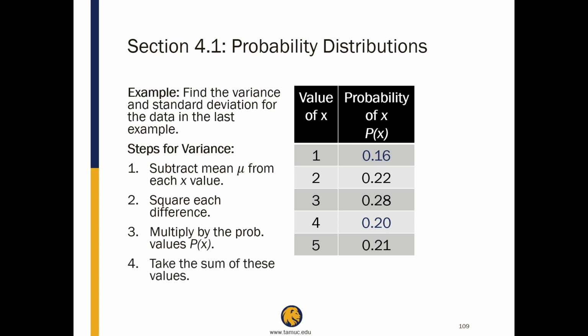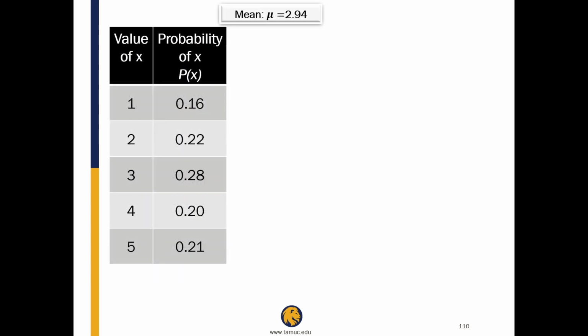Then we take the sum of all those values together. So the first two steps would be identical to what we did in standard deviation: subtract the mean from each number, square it after doing subtraction. But the next step that we did before was to take the sum. In this case, we have to multiply by the probabilities, then take the sum of all those numbers together. Here's what that looks like in this case.